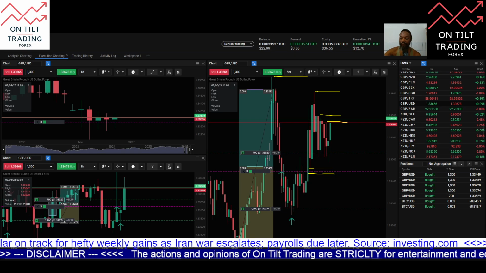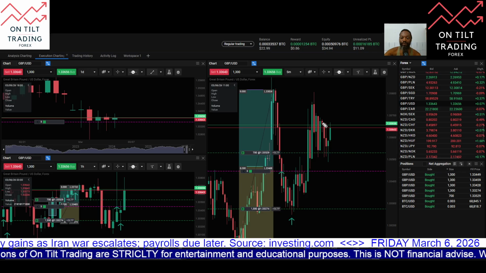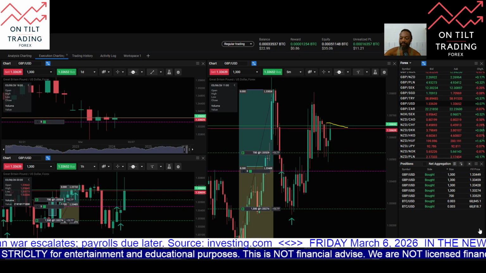Price approaching the first area of buy side liquidity, and now that buy side liquidity here has just been swept. We'll see what price does here.